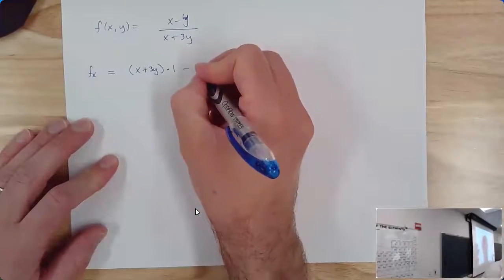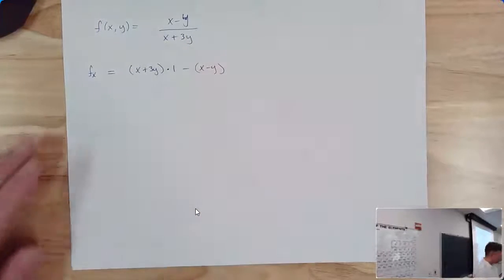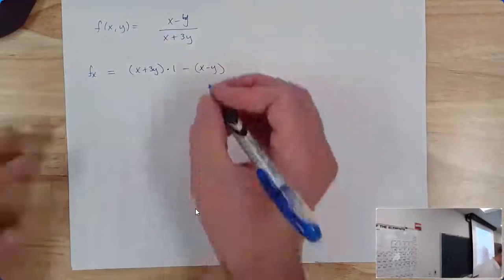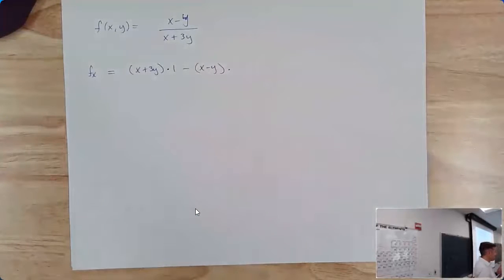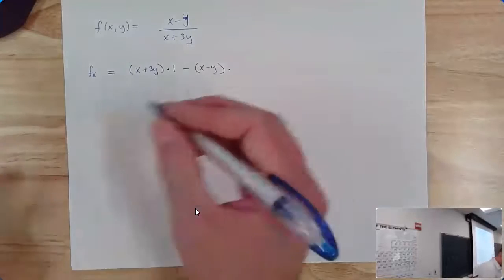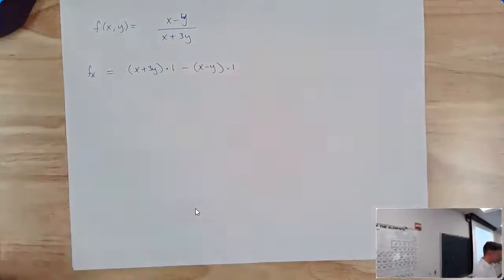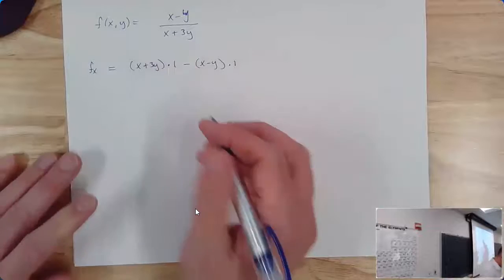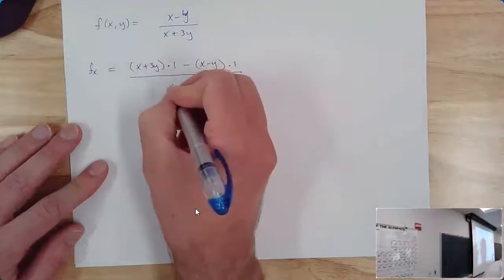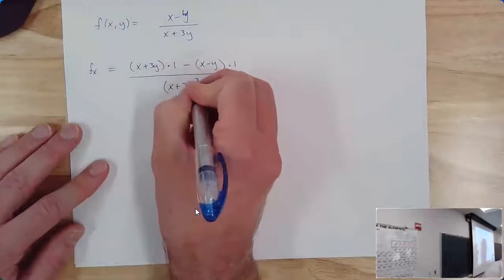Minus the top times the derivative of the bottom, which is also 1. Or I could say 1 plus 0 if you want to be more precise, thinking about what's happening there. Derivative of x is 1, derivative of 3y is 0. And then finally, divided by the denominator squared.